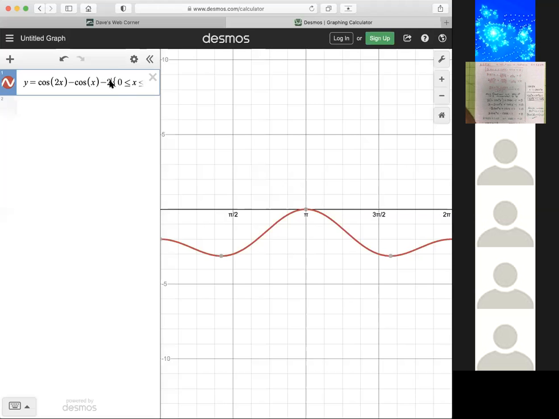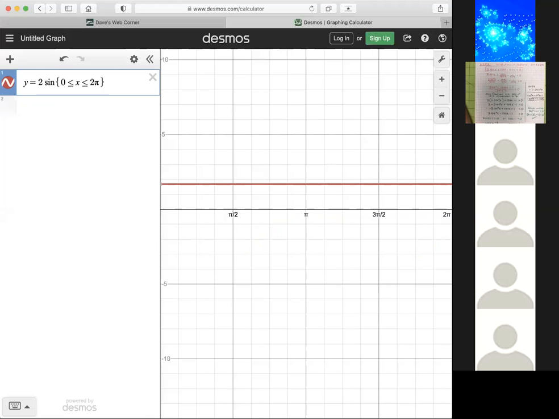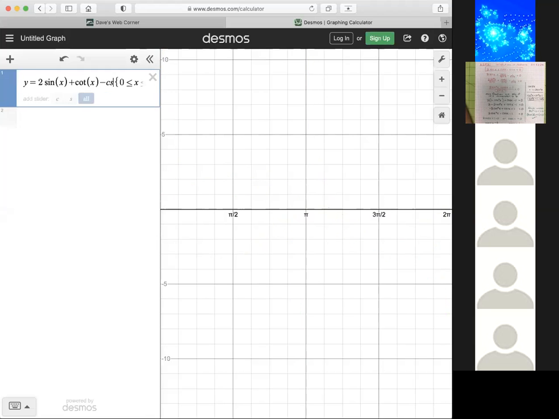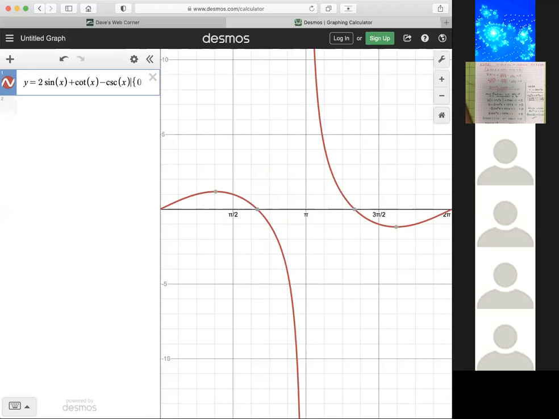Okay, so I'll keep the 0 to 2 pi right there, but I'll type in 2 sine x plus cotangent x minus cosecant x. That's kind of a pretty graph.